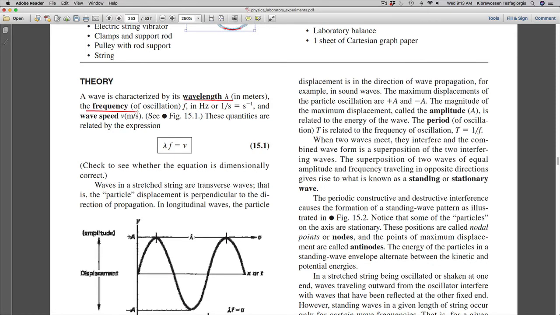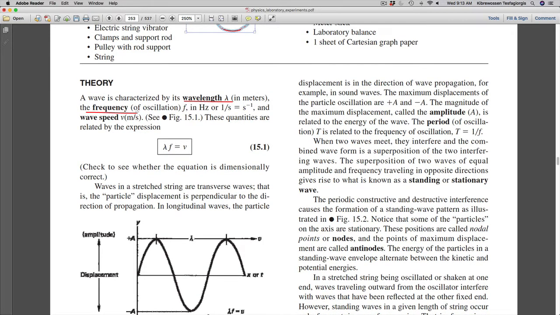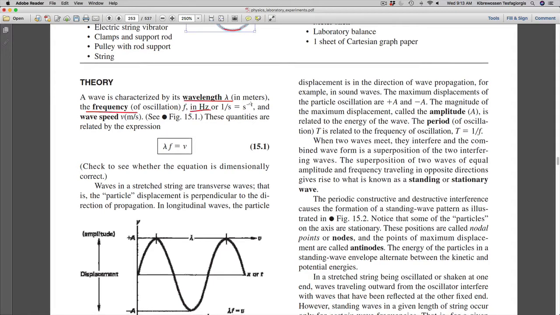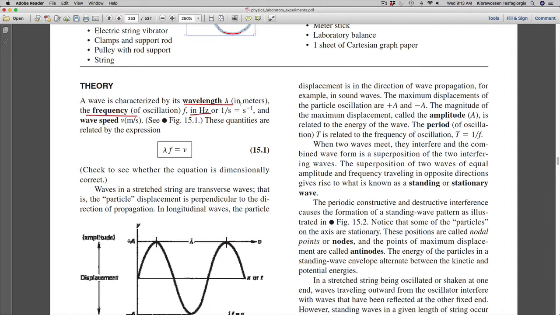The frequency of oscillation means how many times the wave completes an oscillation per second, and it's measured in hertz. Wavelength, being a length dimension, is measured in meters. Its SI unit is meters. And then there is the wave speed v, represented in meters per second.